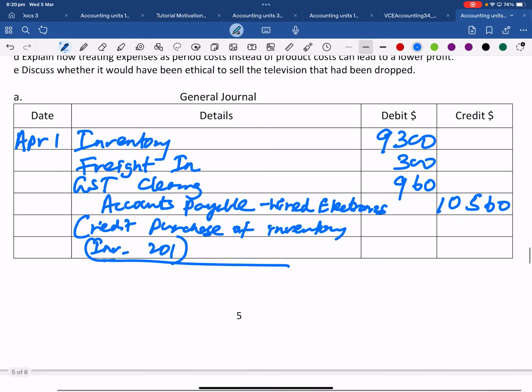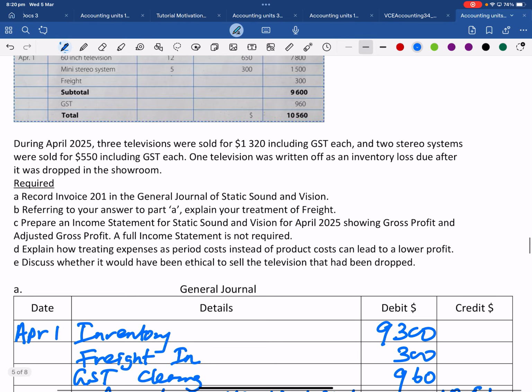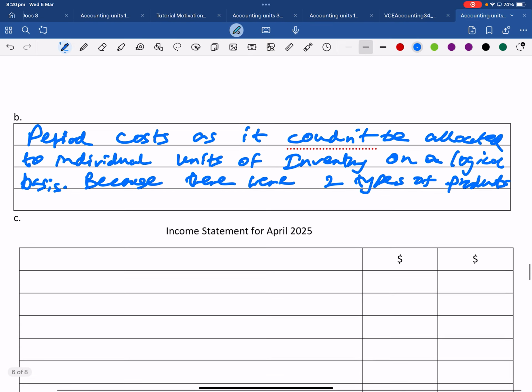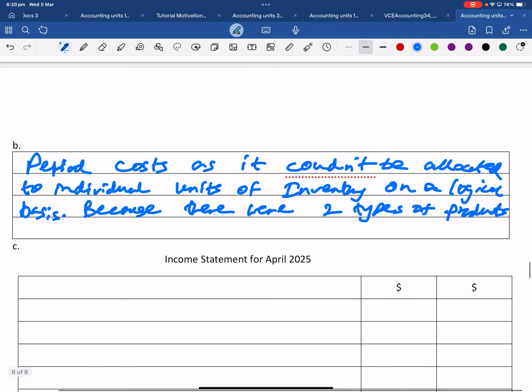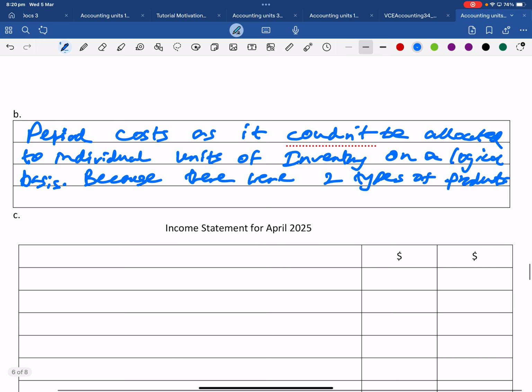Right. Then part C is the income statement. Okay, do the income statement, guys. How do you start?